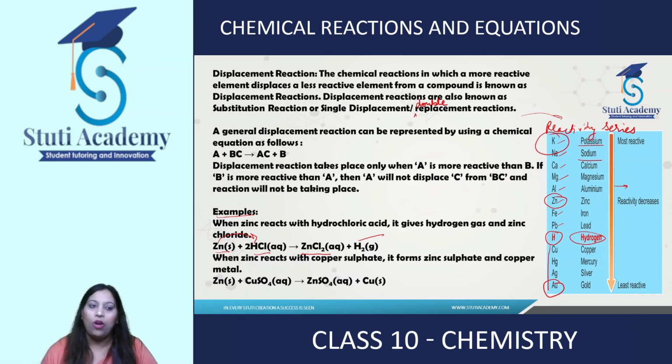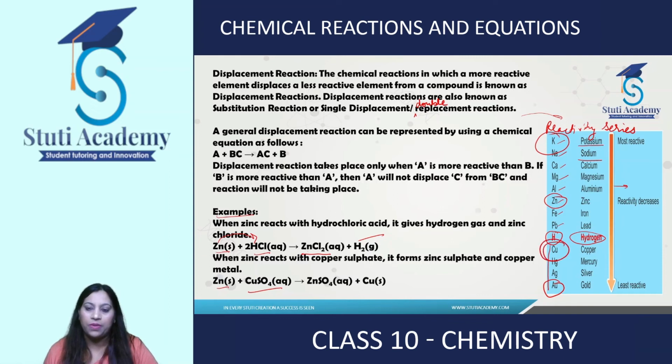Another example of displacement reaction is when zinc reacts with copper sulfate. Now again, look at the reactivity series. Now tell me which one is more reactive, zinc or copper? Yes, zinc is more reactive. If we look at the reactivity series, zinc is placed above the copper.